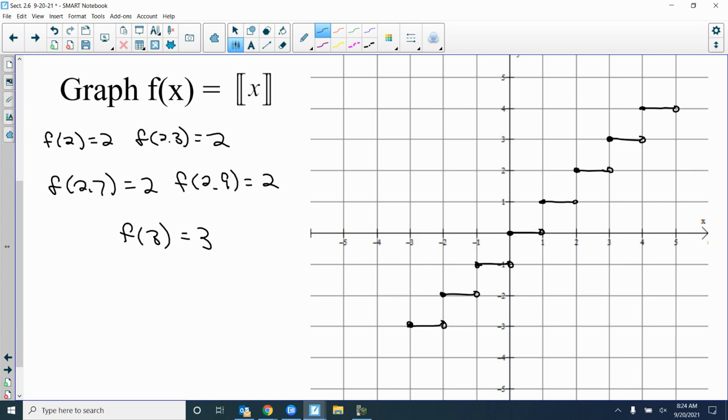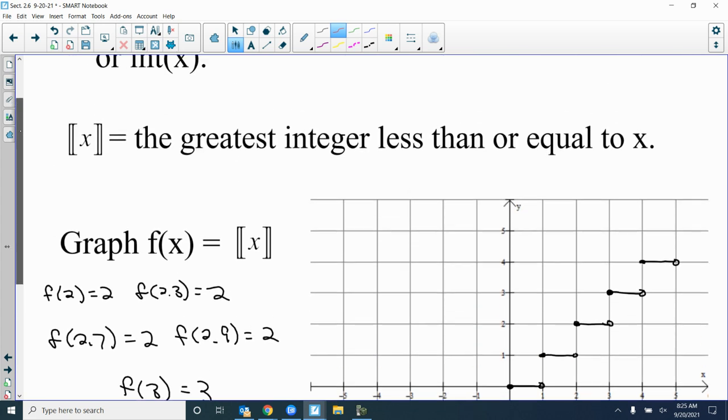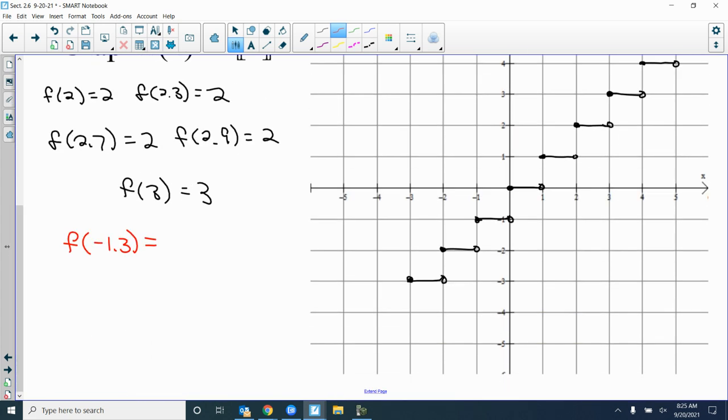Okay, this isn't always obvious, but I want you to think, what is f of negative 1.3? Okay, what integer is less than or equal to negative 1.3? Carlos?